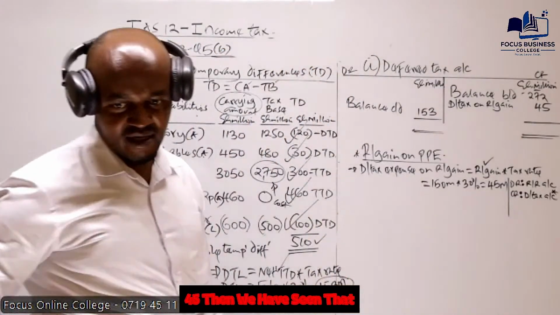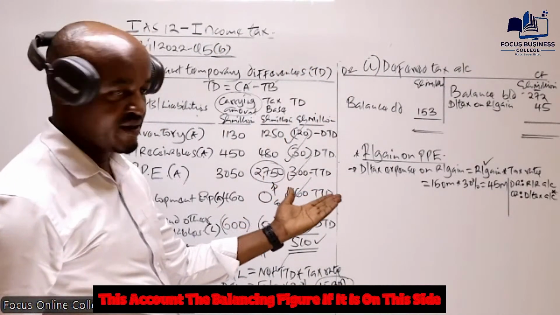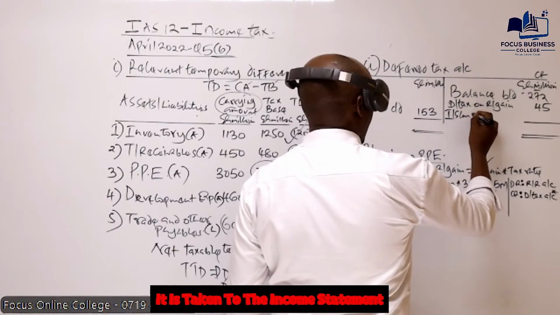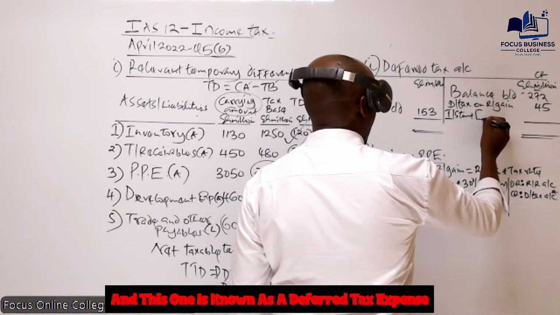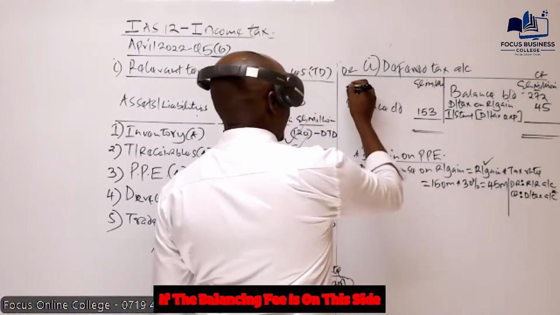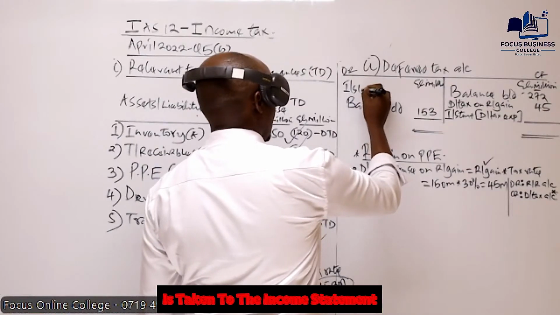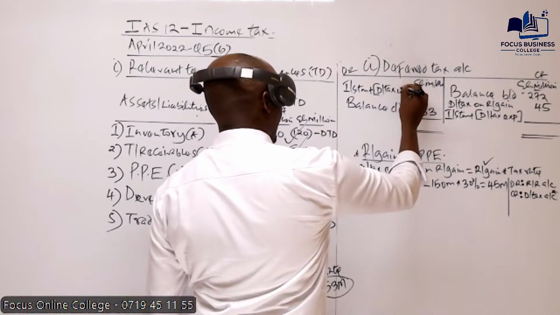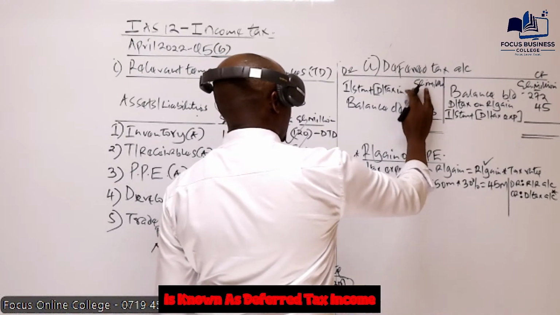Then the next thing we do is balance this account. If the balancing figure is on this side, it is taken to the income statement and is known as a deferred tax expense. If the balancing figure is on the other side, it is taken to the income statement and is known as deferred tax income.